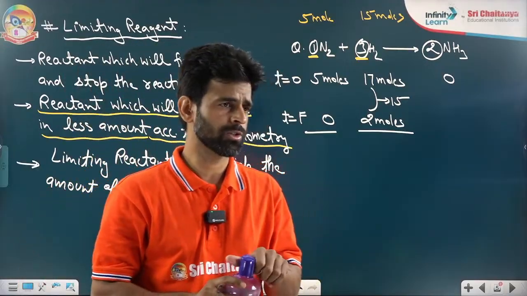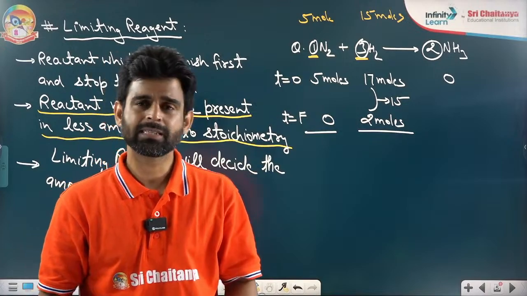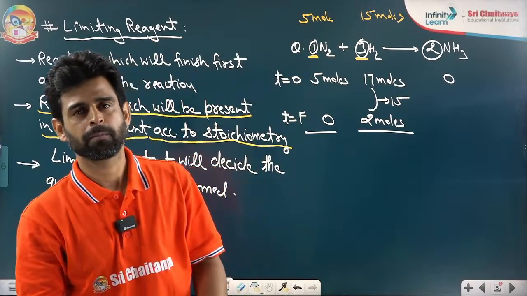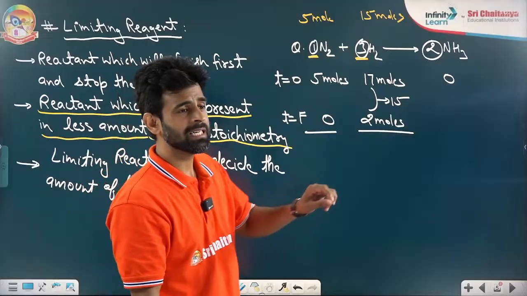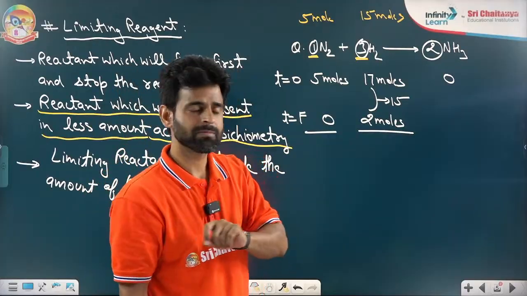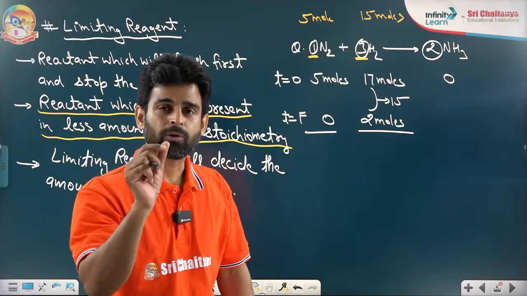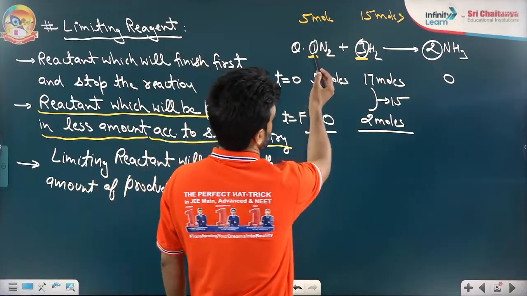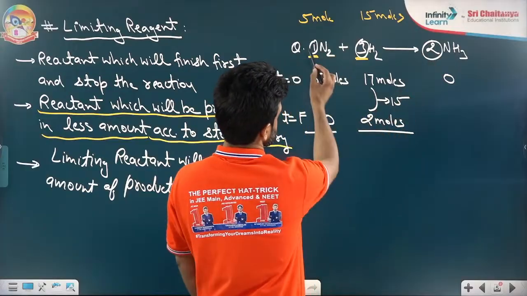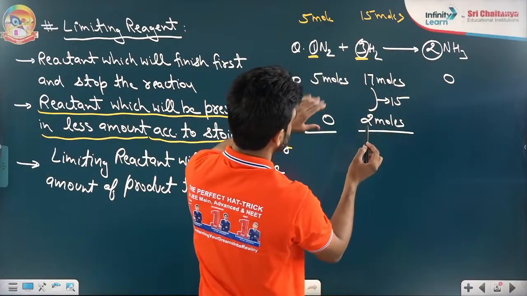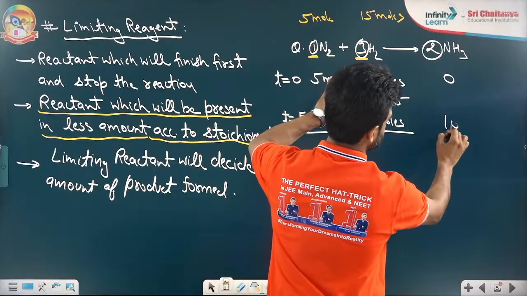We will discuss the shortcut also, don't worry, how to decide. So now we can see who is the limiting reactant? N2. So N2 will decide the product amount. You can see, beta, 1 produces 2. So 5 finished, it produces how many? 10 moles.